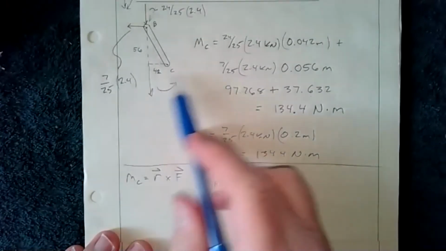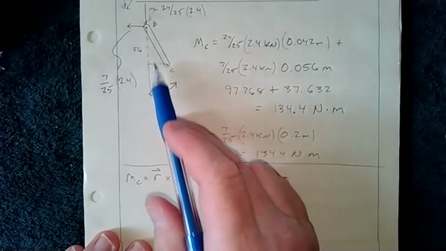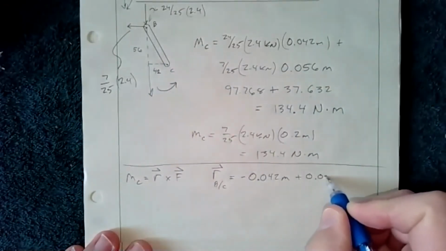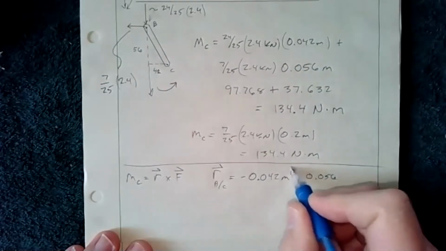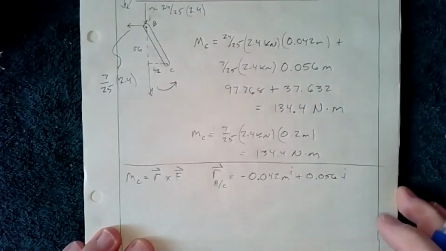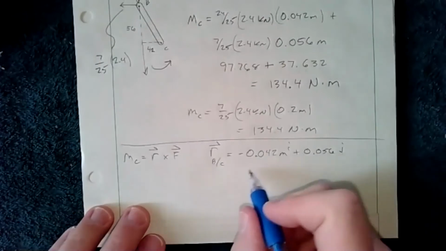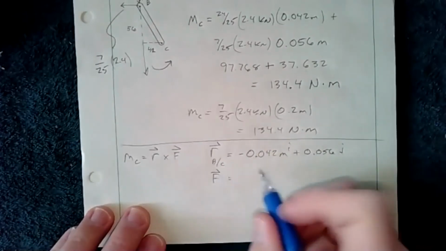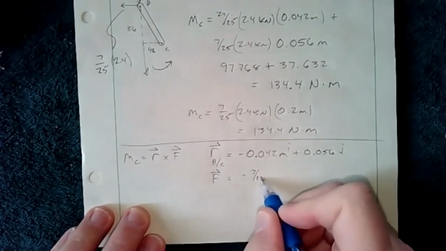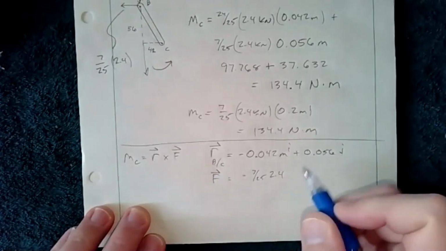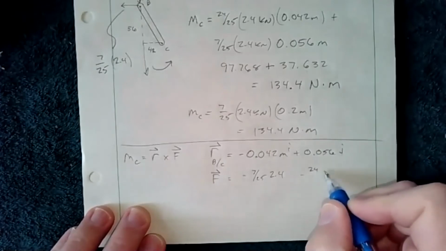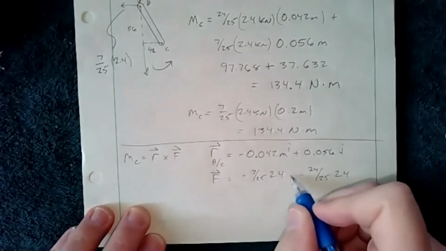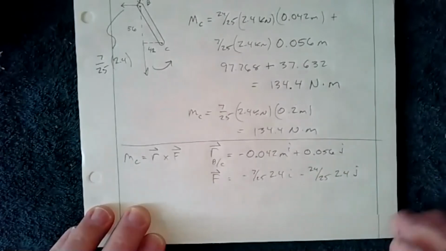Because I'm going to the left, negative. And it's going to be a positive 56, so plus 0.056. So that's my I and that's my J component. And then my force is negative 7/25 times 2.4 and minus 24/25 of 2.4. So that's my I, and that's my J.